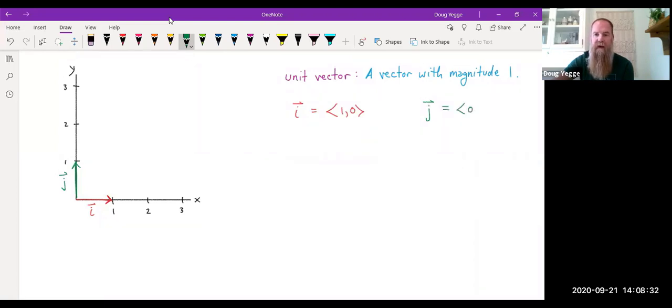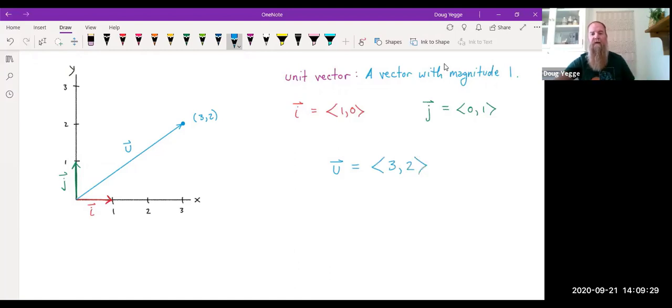So any vector that happens to be 1 unit long is considered a unit vector, but these are 2 very special vectors. So I'd like to take a look at the vector that's going to end at the terminal point of (3, 2). Let's say that vector is considered vector u. Now I know that this vector that ends at (3, 2) is the vector u equals <3, 2> in component form.